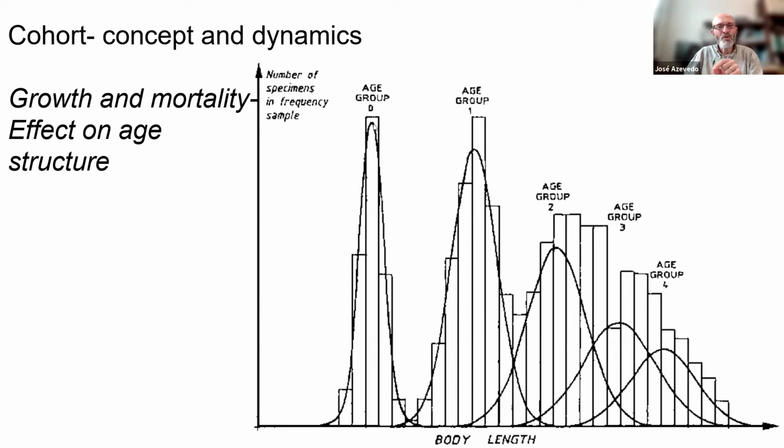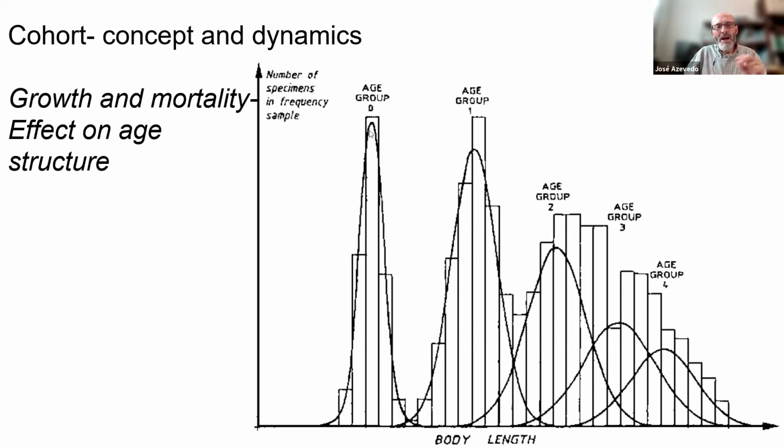So this is age group 0. Age group 0 is the age group of the animals that were born this year, so they're still not 1 year old. And then age group 1 is, of course, animals that have completed 1 year, so they're living the second year. And age group 2 and 3 and 4, and you see that the number of individuals in each cohort is decreasing.